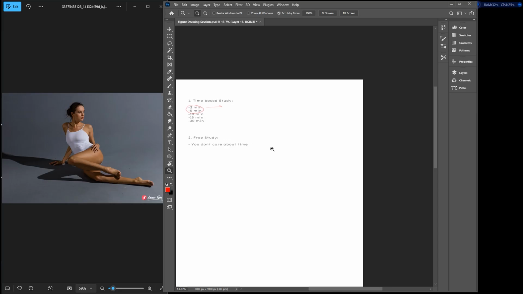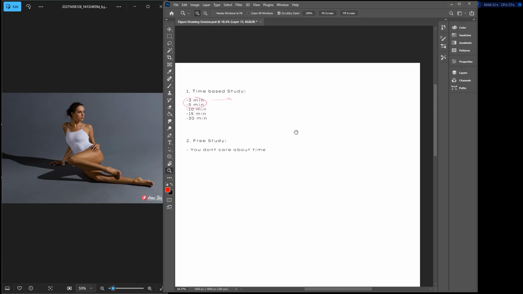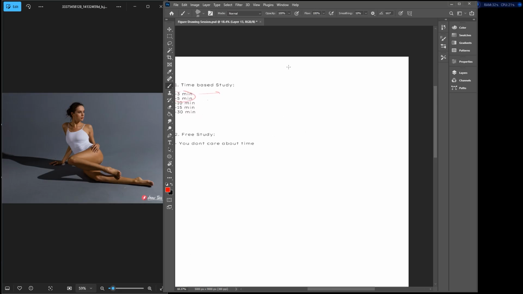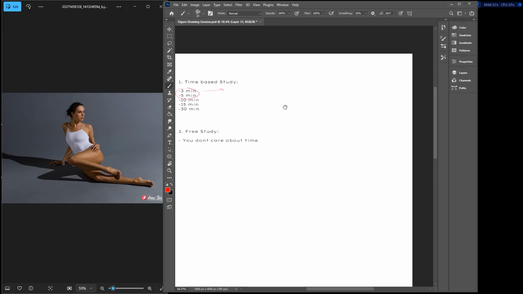For example, let me show you. Let's say I have 3 minutes to draw. I will draw it much faster to make my point. However, let's say I have 3 minutes, okay? What do I do? I give this flow right away. Then there is this body. And let's see the leg position.